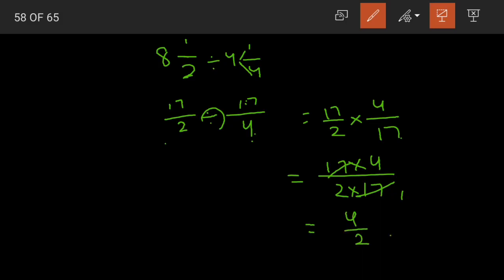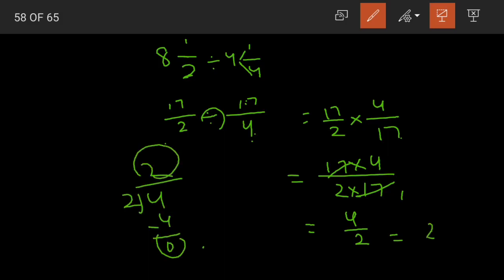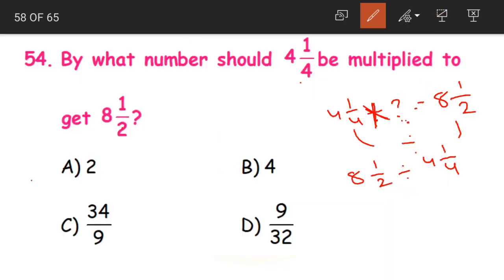We are left with only 4 divided by 2. When we divide 4 by 2, we have 2 2s are 4 and the remainder is 0. So the answer is 2. Yes, children, understood? The final answer is option A. 4 1 by 4 into 2 will give us 8 1 by 2.